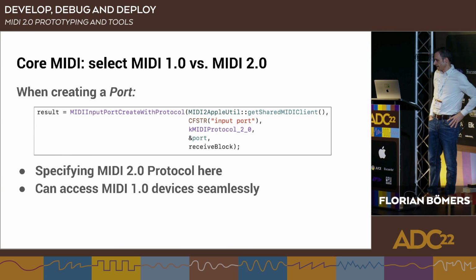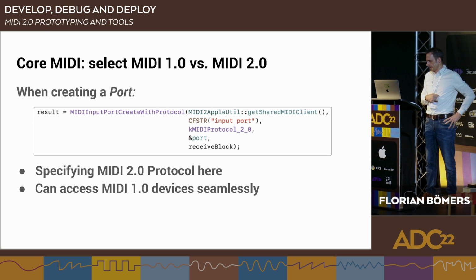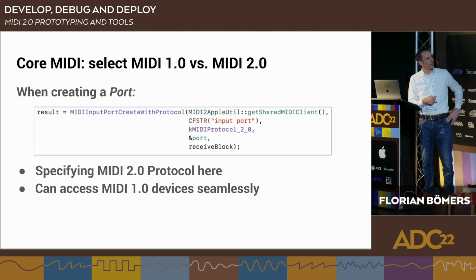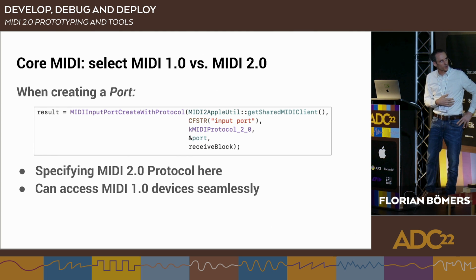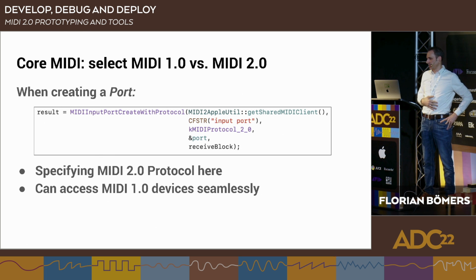This is the core function to use if you want to go with the MIDI 2.0 protocol on Apple. This is a relatively new function in Core MIDI, and you see the line kMIDIProtocol_2_0. That is to select MIDI 2 protocol.